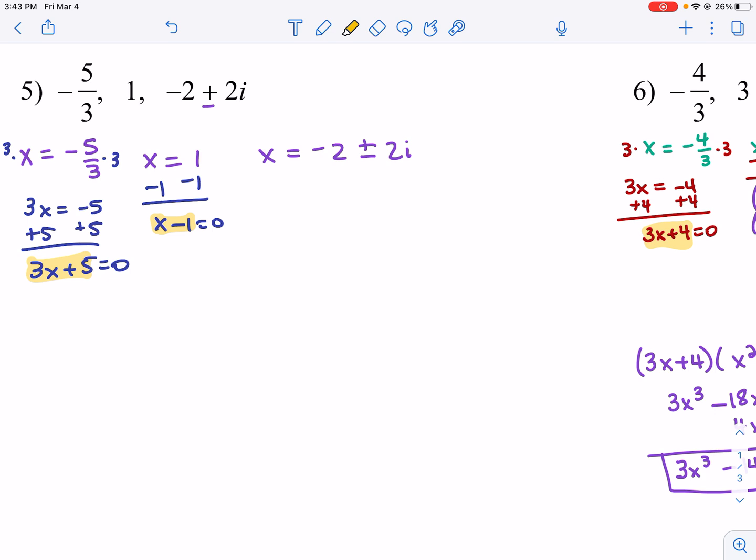However, when we go over here to the imaginary numbers, just like with the radical, we are actually going to look to isolate the I term, okay, with the plus minus. So in that case, I'm just going to add 2.